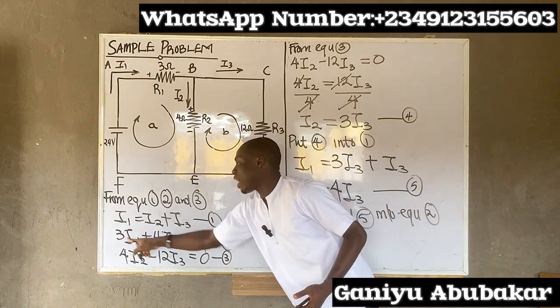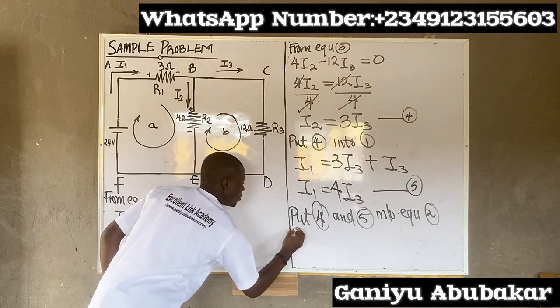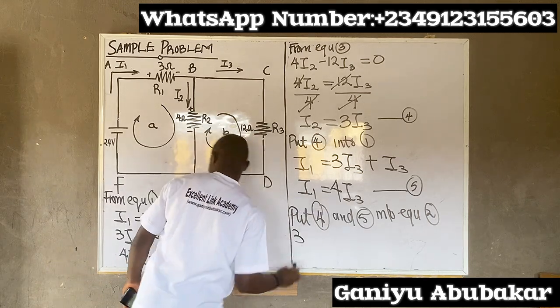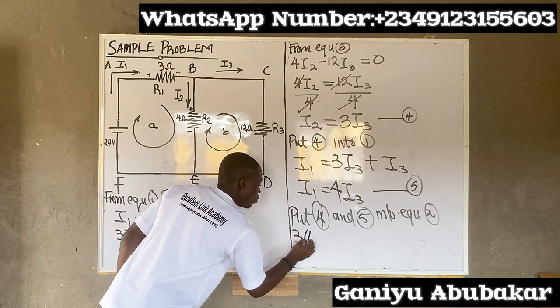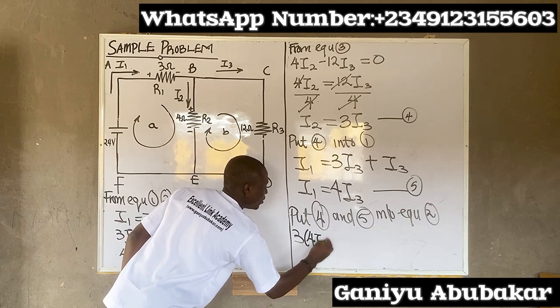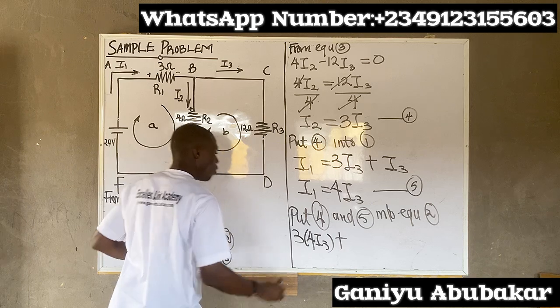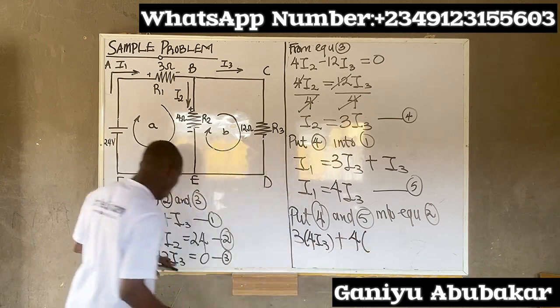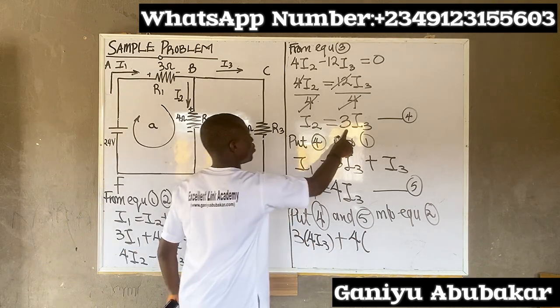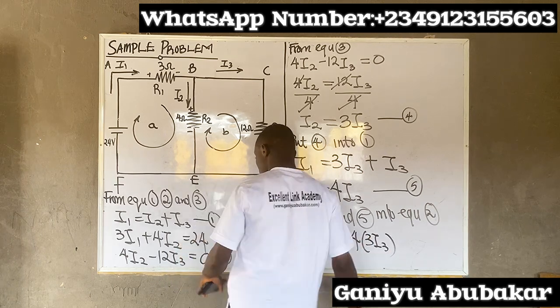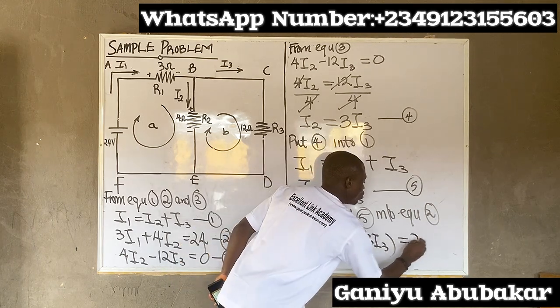This gives you 3I1, and I1 is 4I3. That's 3 into 4I3 plus 4 into I2, and I2 is 3I3. This is equal to 24.